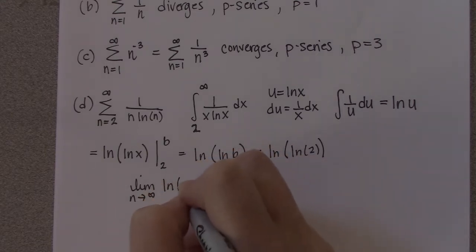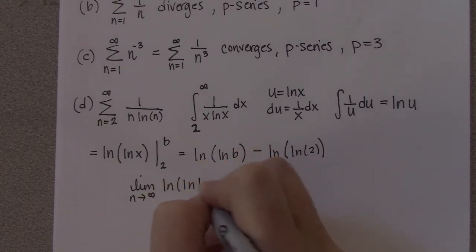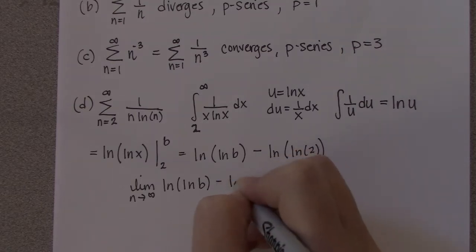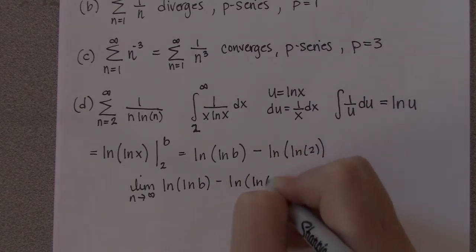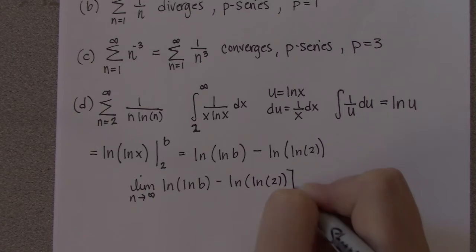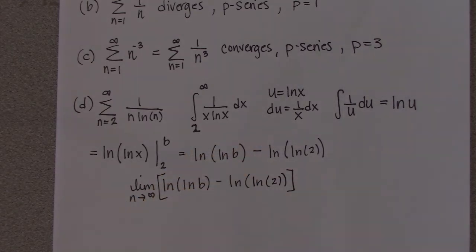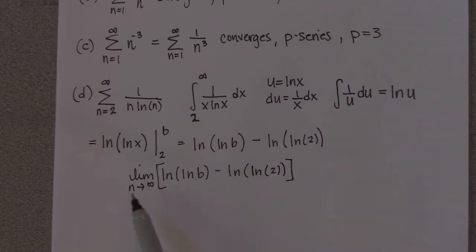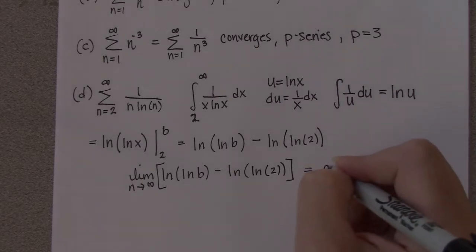And if the limit of b goes to infinity, then the limit of the natural log will also go to infinity, because the inside stuff is going to infinity. So when you take the natural log of b as it goes to infinity, it's still climbing to infinity. So this thing would diverge.